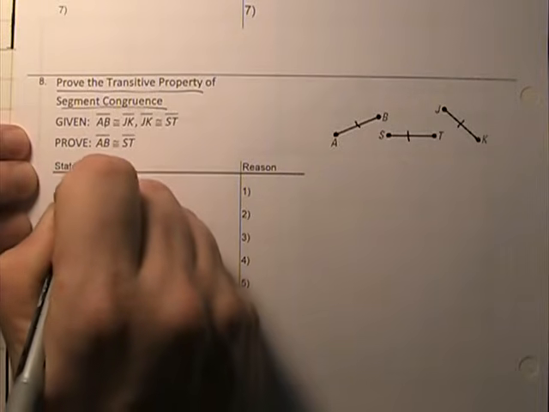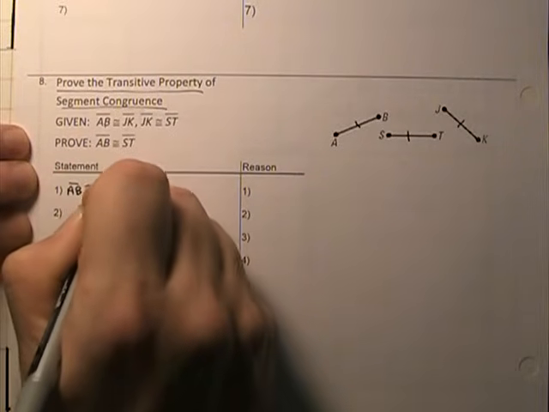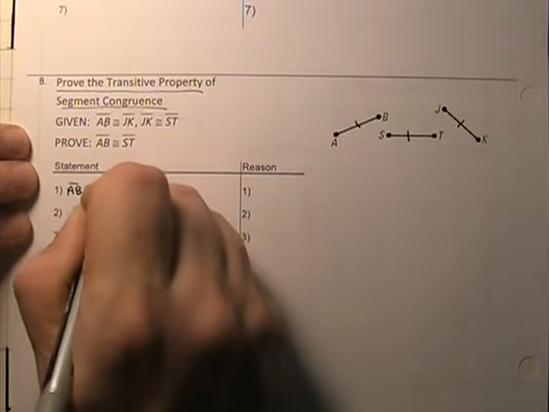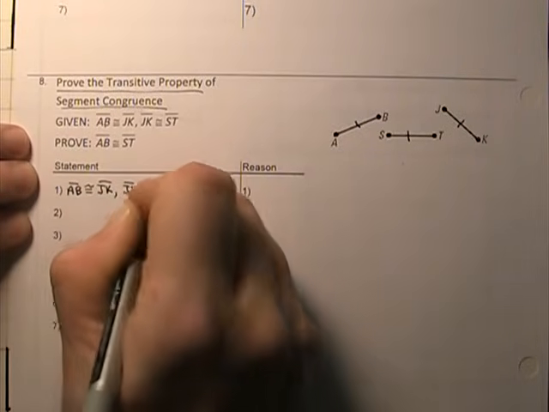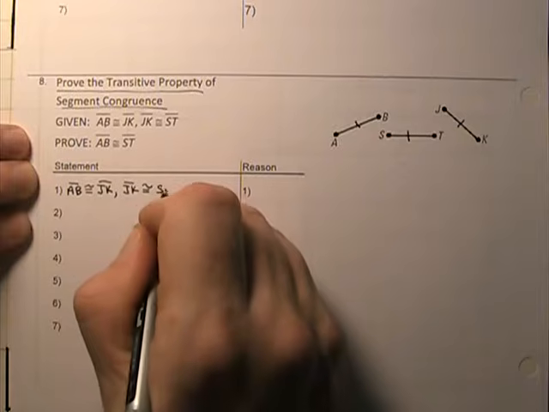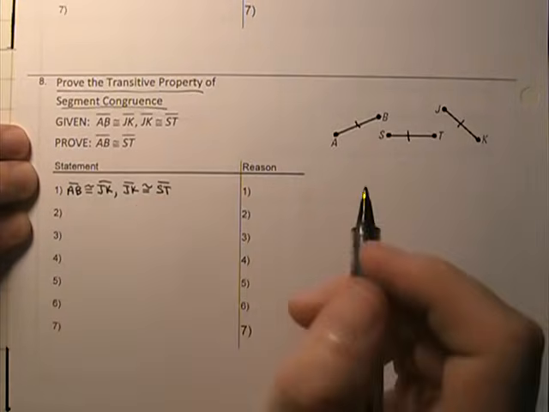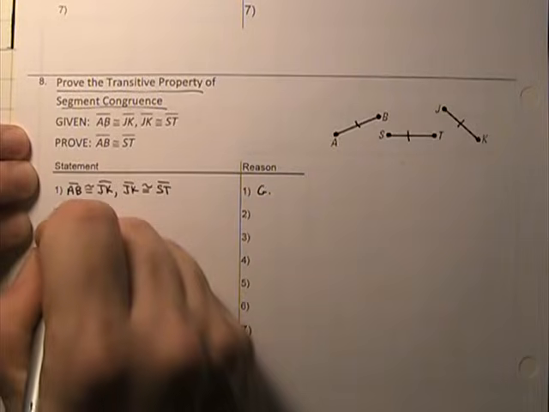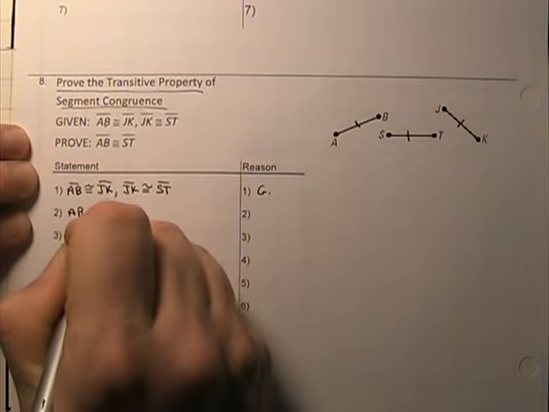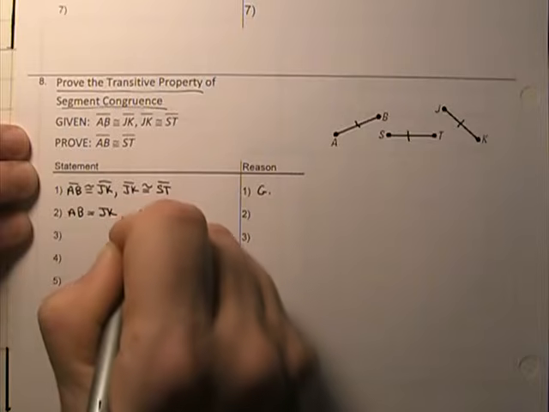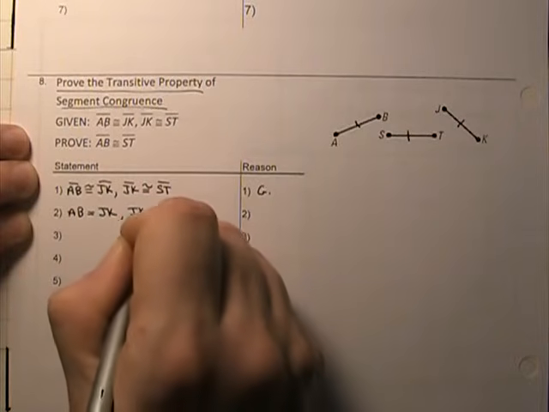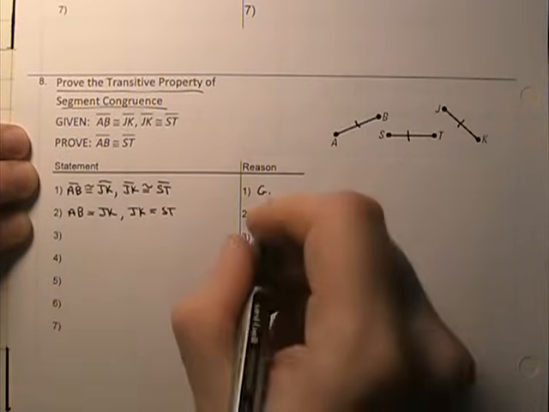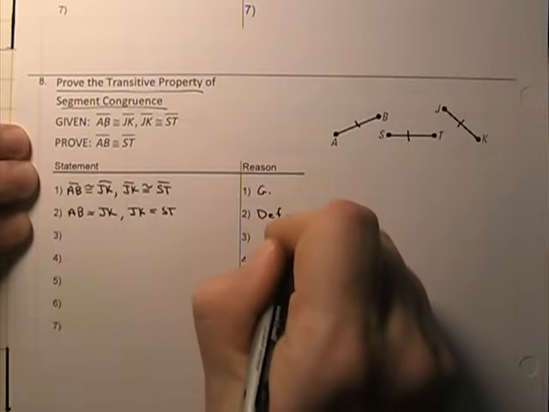So segment AB is congruent to segment JK, and segment JK is congruent to segment ST. And this is given. Length AB is equal to length JK, and length JK is equal to length ST because of the definition of congruent segments.